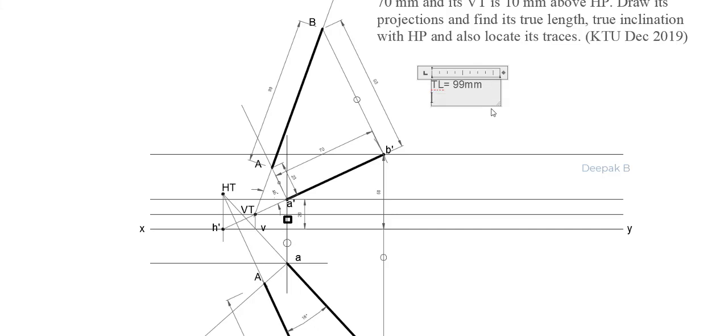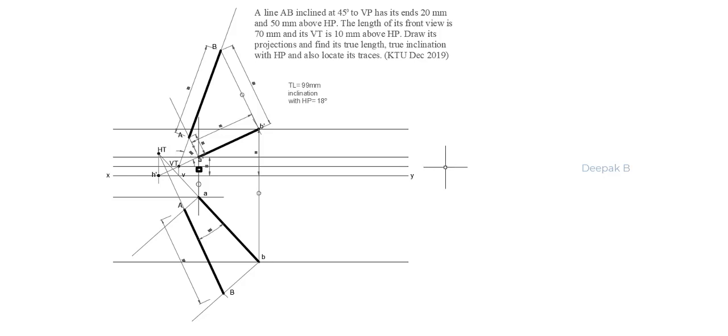And the inclination with HP will be 18 degree, right? It will be 18 degree, and we have also located its traces. So the entire question is solved, and you get 20 marks for this question.